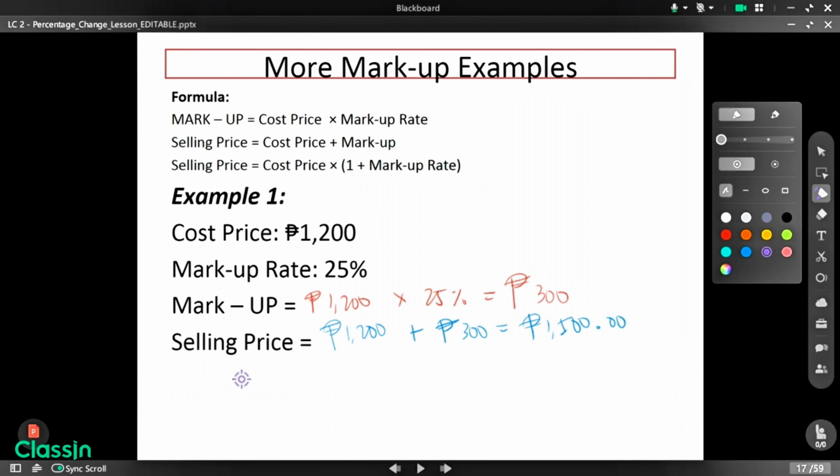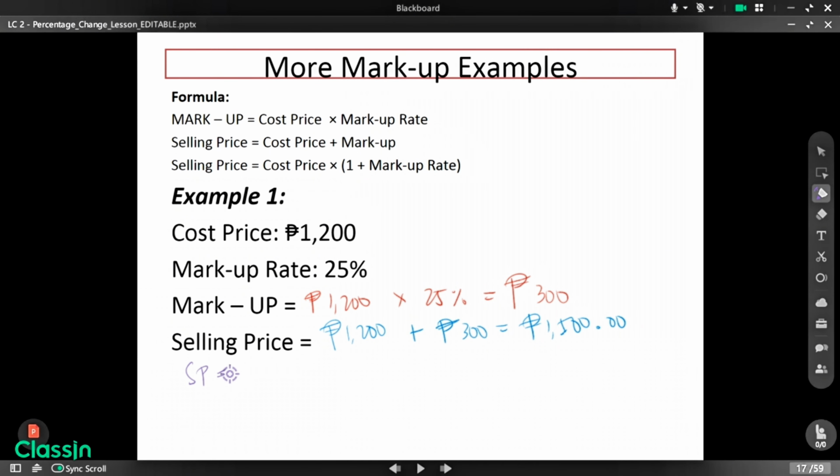For the other formula, selling price is equal to cost price times 1 plus markup rate. What is the cost price? 1,200 pesos times 1 plus 0.25. Why 0.25? Because we know that 25% is 0.25 in decimal.